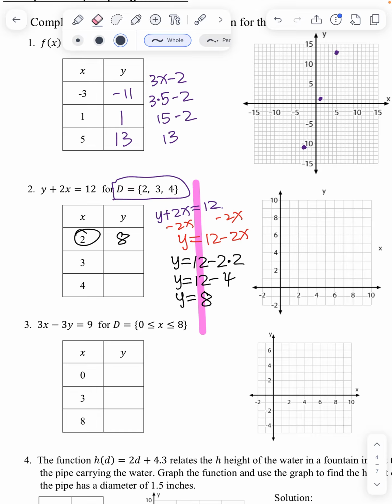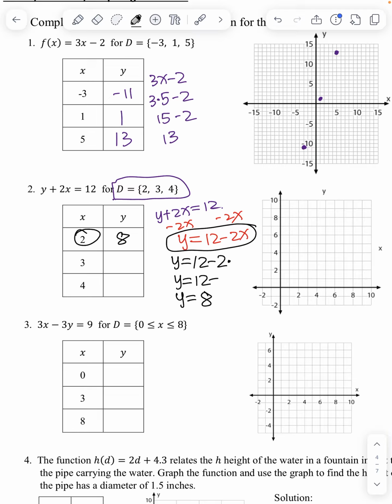Next one, x equals 3. y equals 12 minus 2 times x, so 12 minus 2 times 3. 2 times 3 is 6. 12 minus 6 is 6.